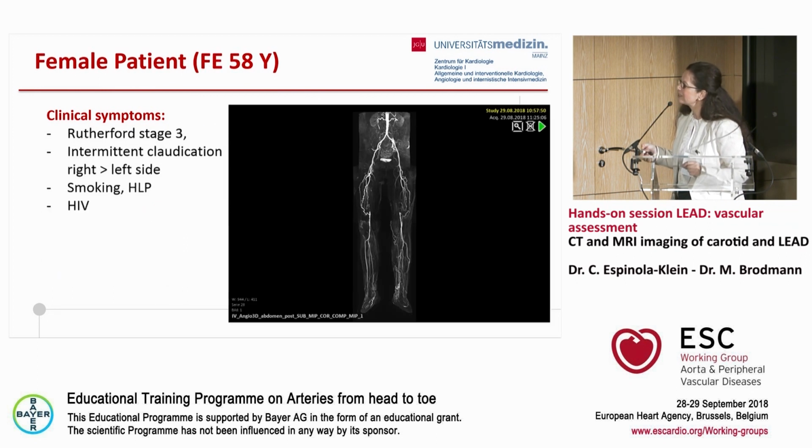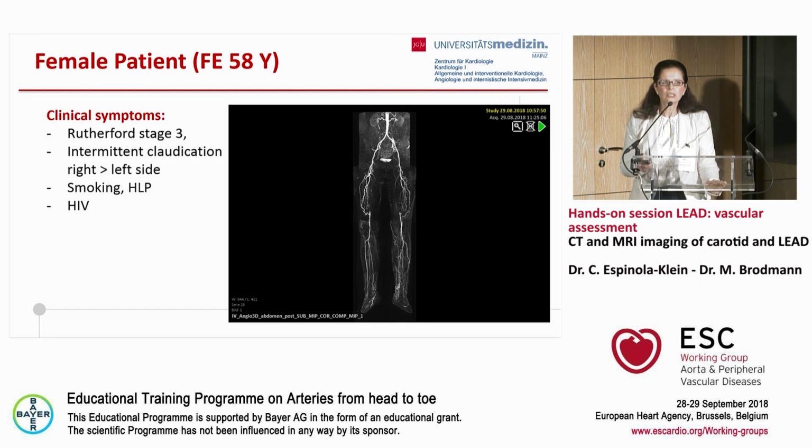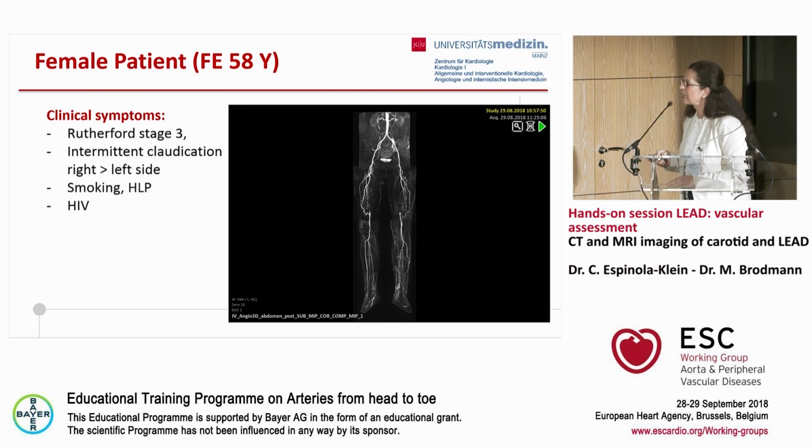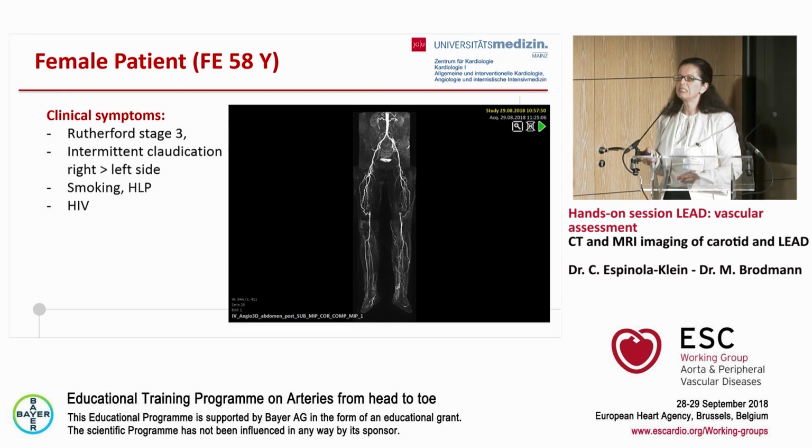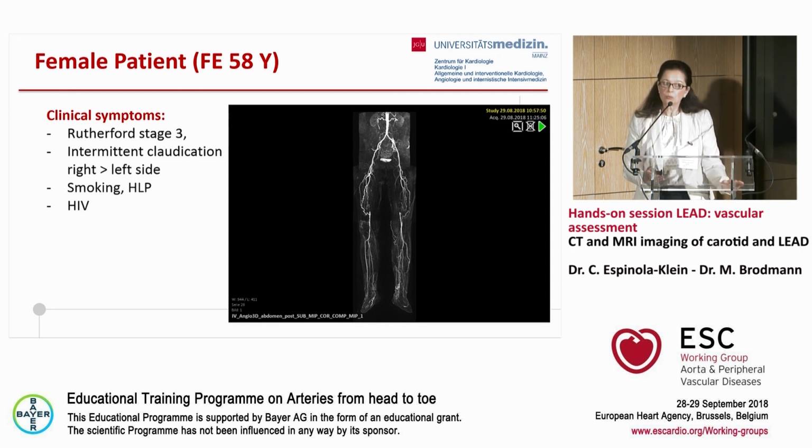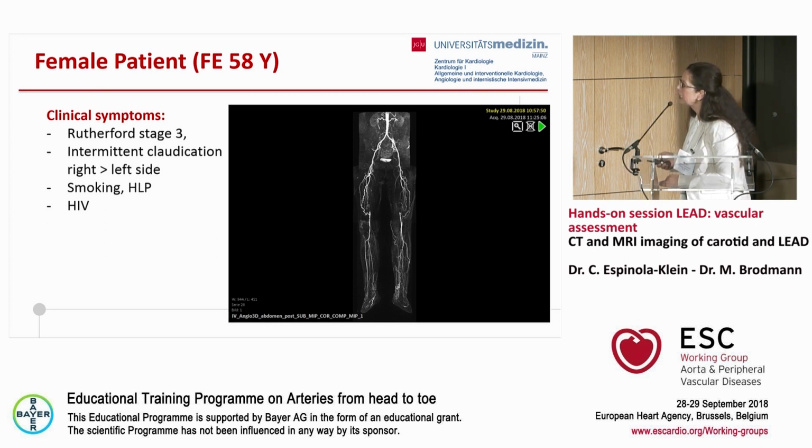And the last case, I want to show this nice case because you have fantastic collaterals of the profunda artery. This patient already started training. She's not the ideal candidate because of comorbidities. She has to stop smoking, and she promised me that now she will stop smoking, and we could motivate her to go further with training.